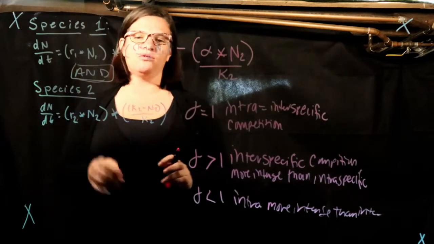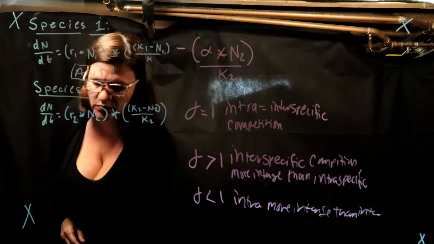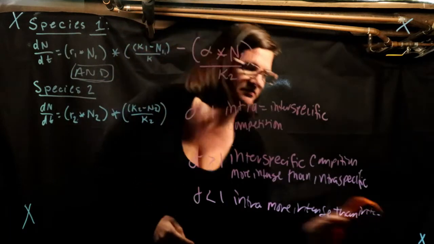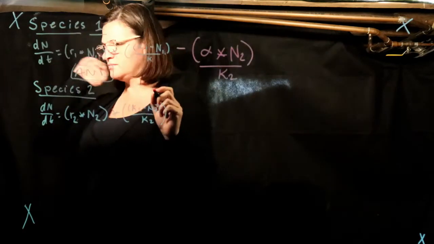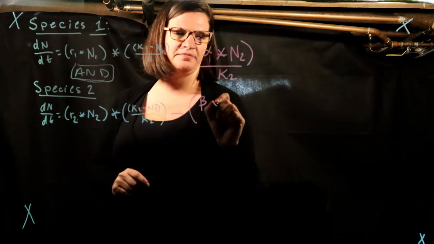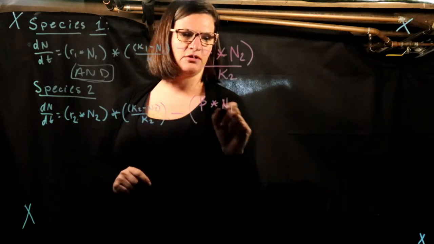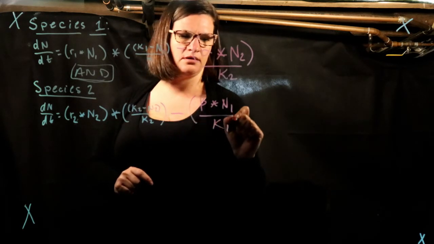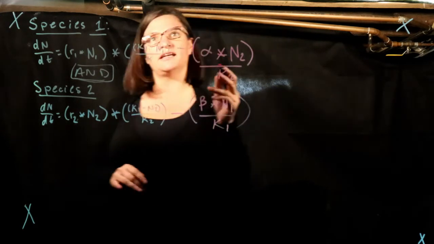Now let's think about what happens to species 2 if we add competition from species 1. Now we're just going to have a beta instead of an alpha. We're going to say N1 instead of N2, and we're going to look at K1 instead of K2.